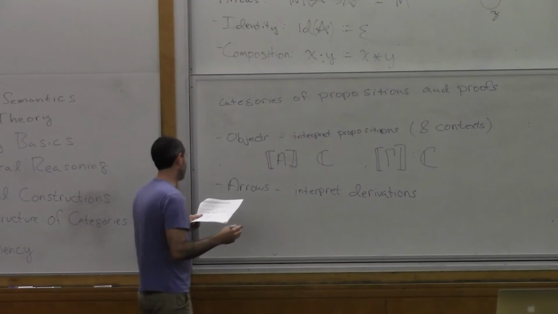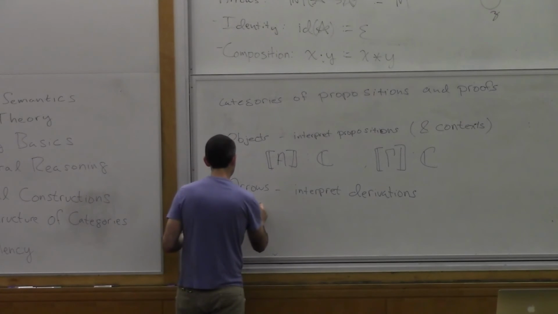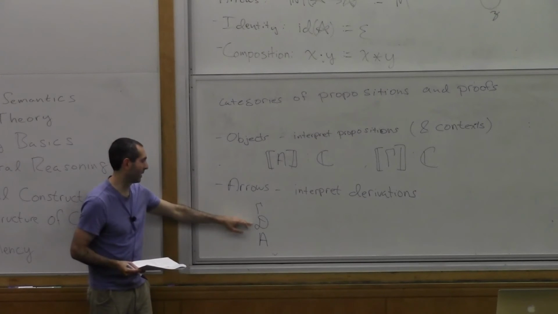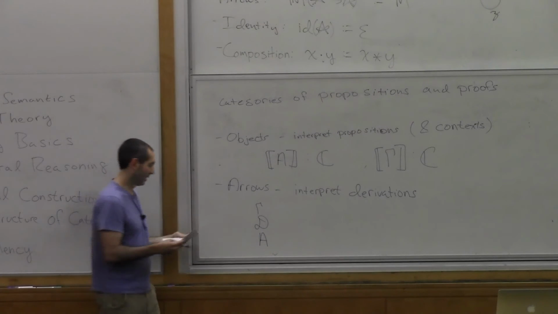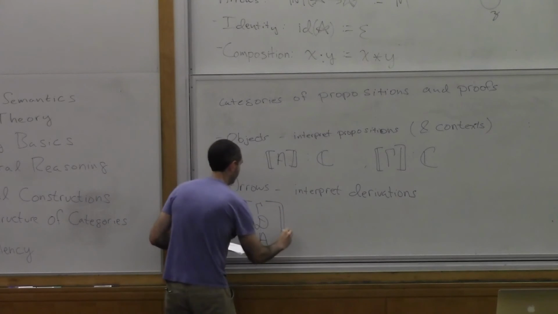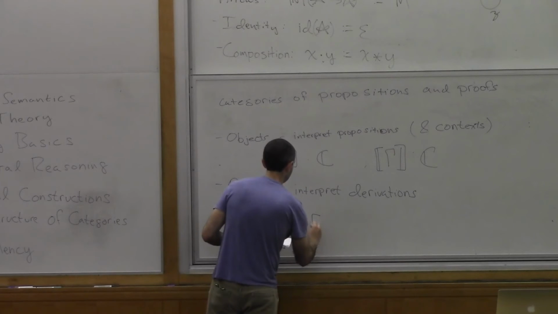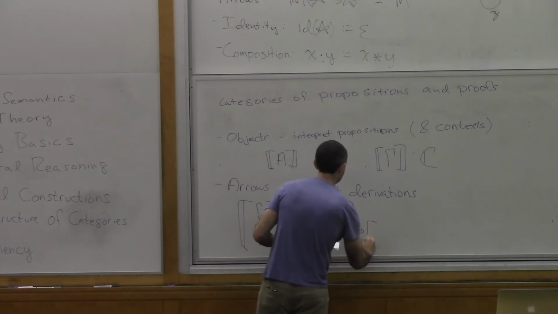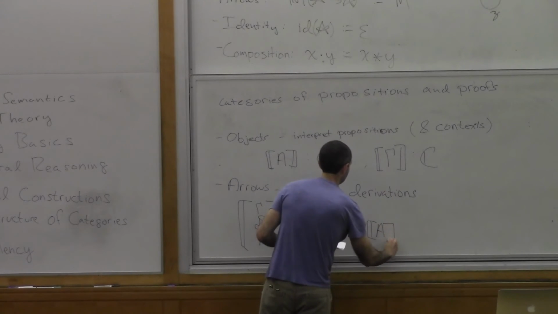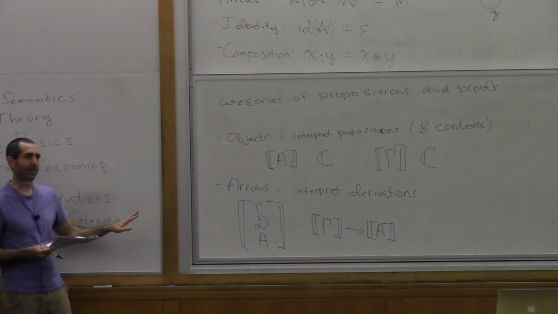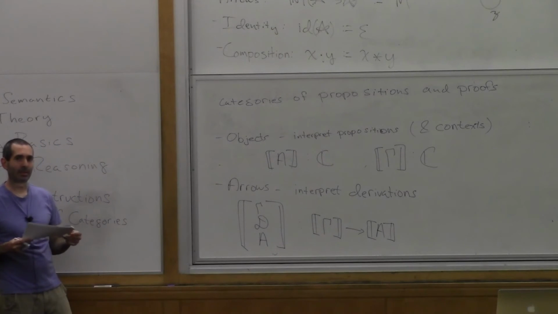Schematically, if we have some kind of derivation, which I guess Frank wrote like this, here's some context of assumptions, here's some derivation, here's the conclusion A, then we interpret this whole thing as an arrow from the interpretation of the assumptions to the interpretation of the result. I haven't said how to do this yet. This is where we're going, not how we get there.